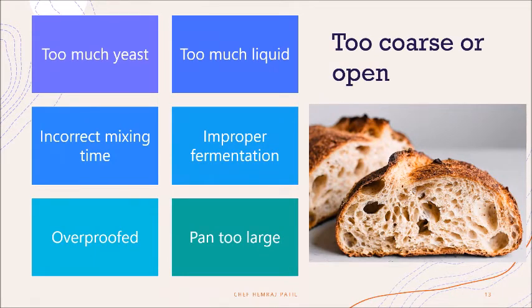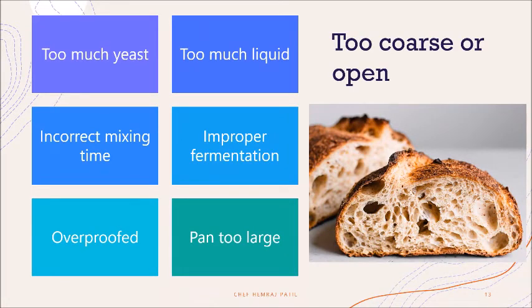More yeast means more gases are formed, more gas pockets are formed inside the bread. And once it is baked, if you cut it, you can see big cells inside.